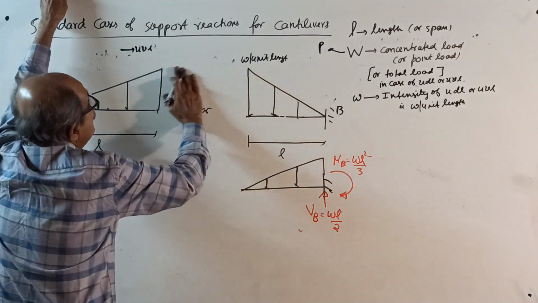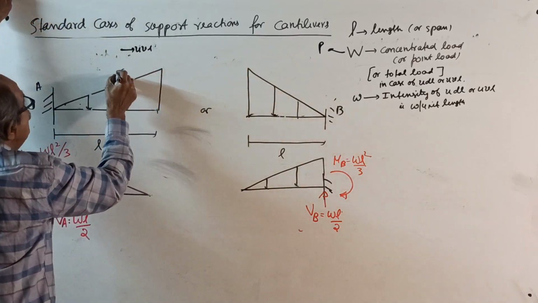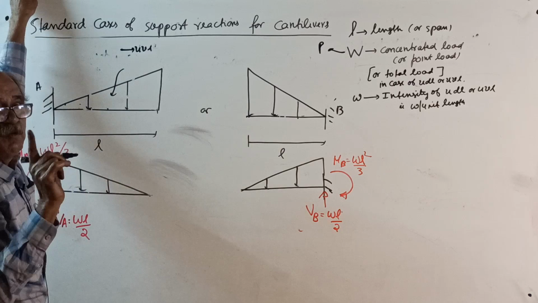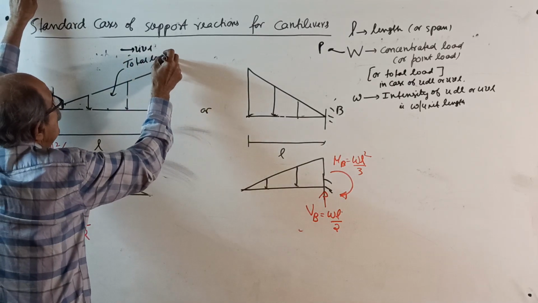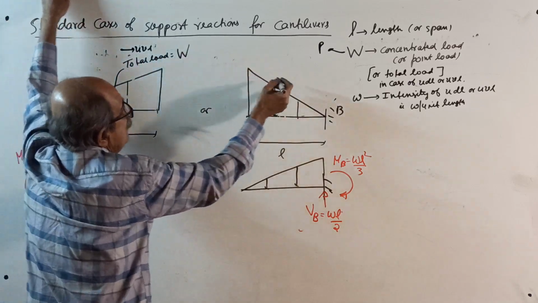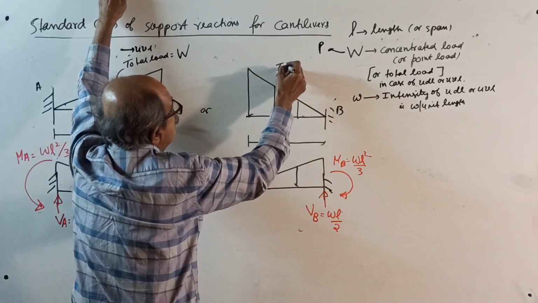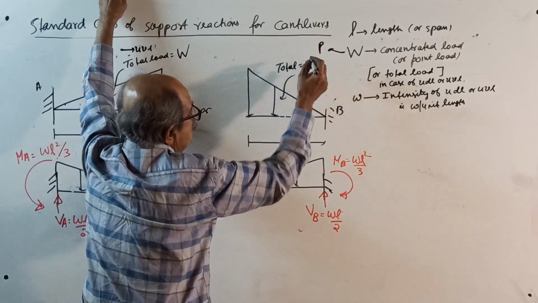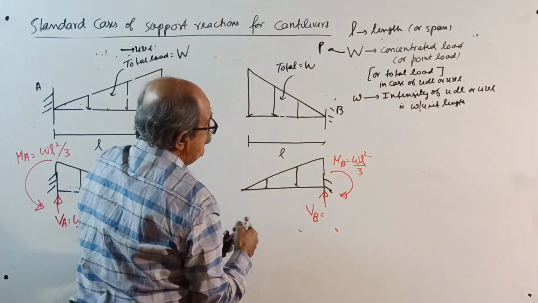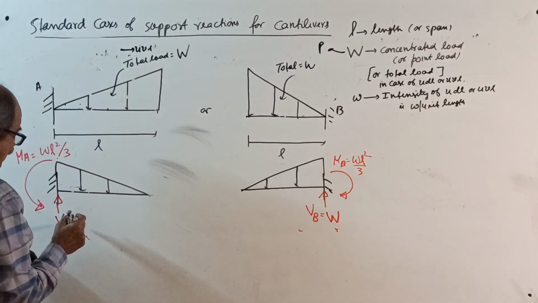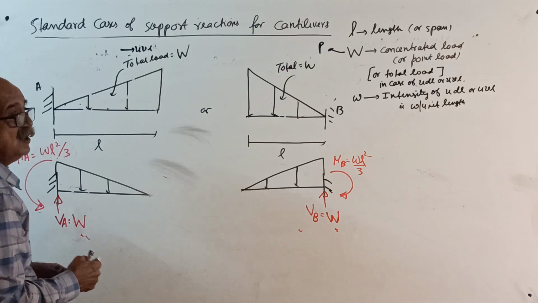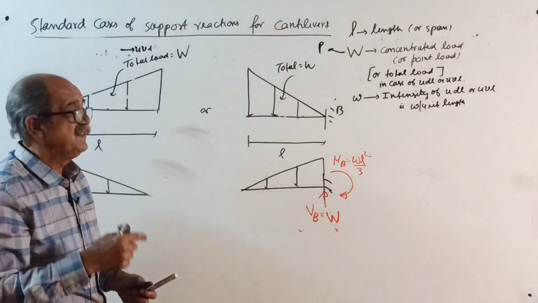Same case, instead of intensity, if the total load is given as W, then the reaction will be W, because in a cantilever, the vertical reaction is always equal to the total load. In a simply supported beam, two supports are there.